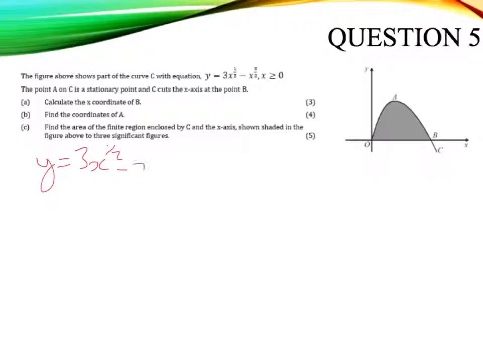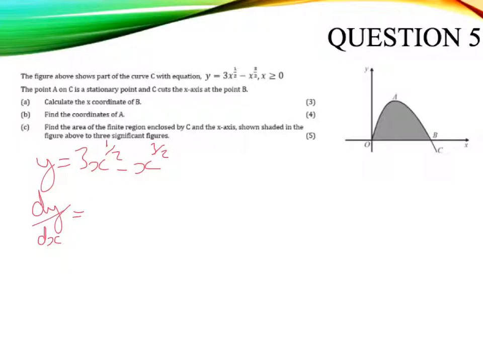So let's just write this out, minus x to the 3 over 2. What we're interested in is the gradient function dy by dx. So let's go through differentiating this. This is a typical core 2 sort of differentiation where you've got fractional powers. Everything else is going to stay the same now. I'm not going to get us to do anything different to what we were doing before. So let's have a think about this.